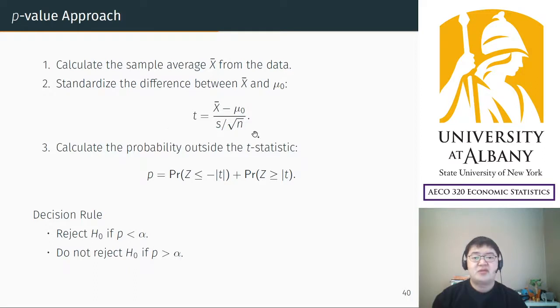And from this t-statistic, you can calculate the probability outside the t-statistic. So the probability that the standard normal is smaller than minus the absolute value of t, or larger than plus the absolute value of t. Oh, here the bar is missing. Sorry about that. So this probability captures the probability of outcomes that are less likely than what you observe.